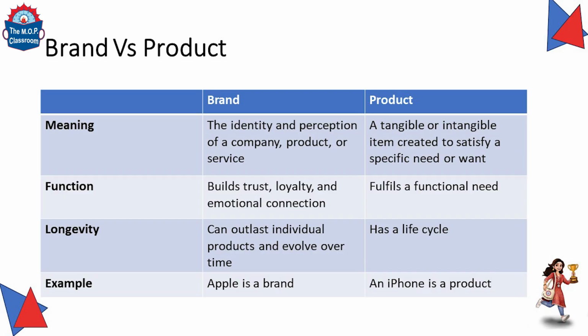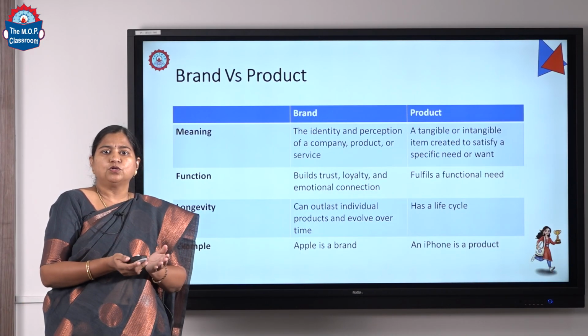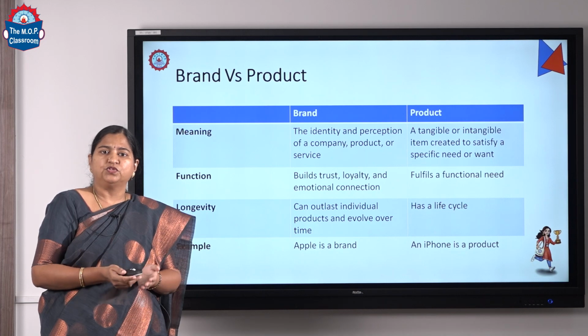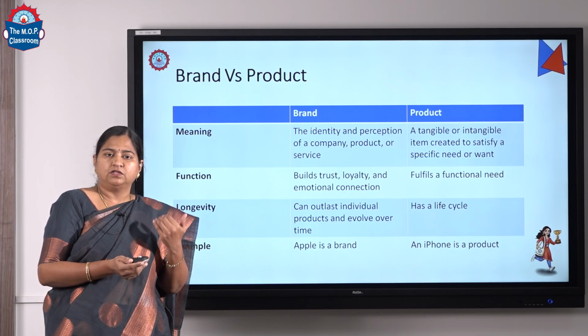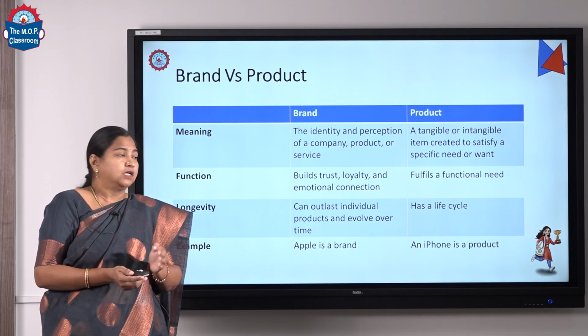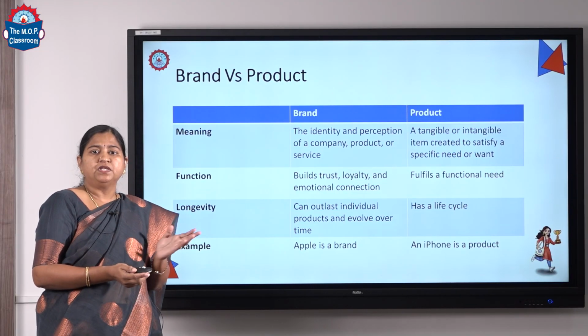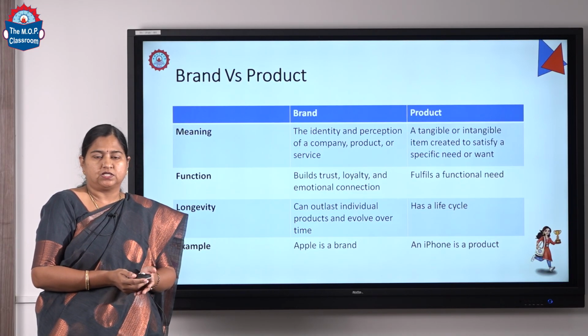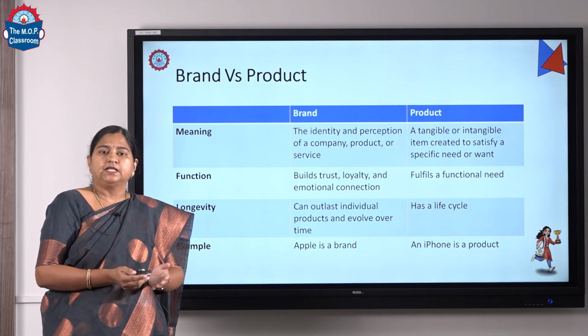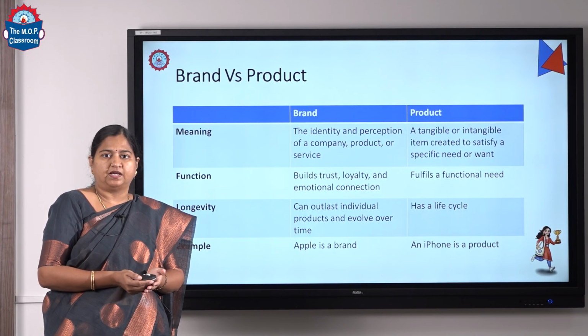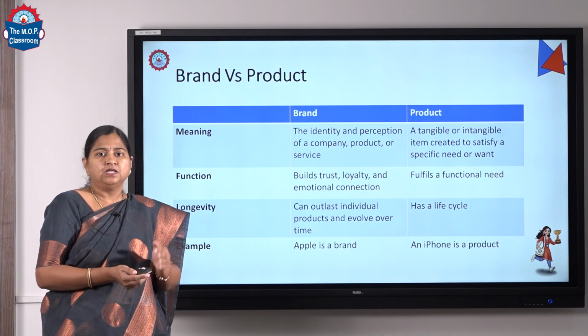When we speak about a product, it comprises a whole product or an item which we seek. When we speak about a brand, it is the perception, the company reputation gained over the years. A product is a tangible or an intangible item for which it has been created.